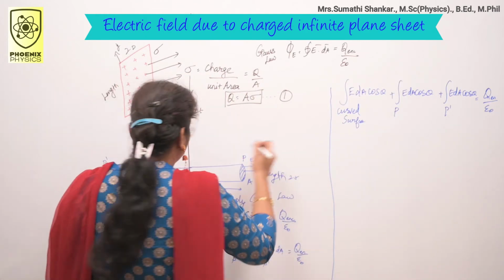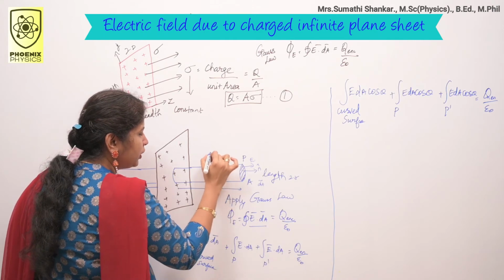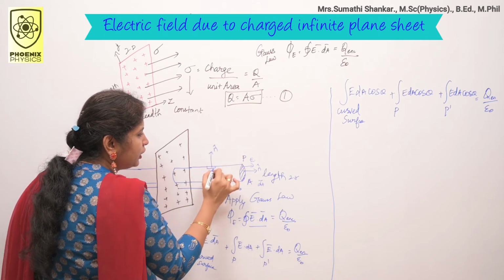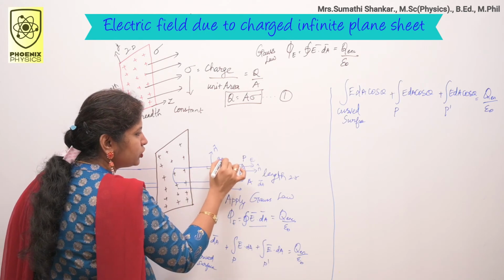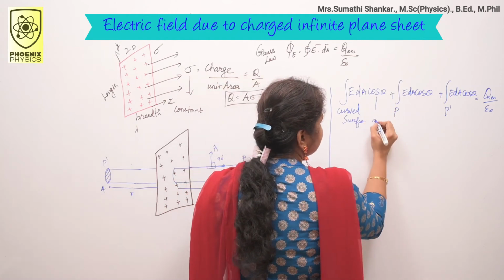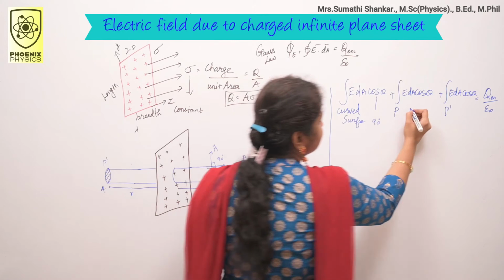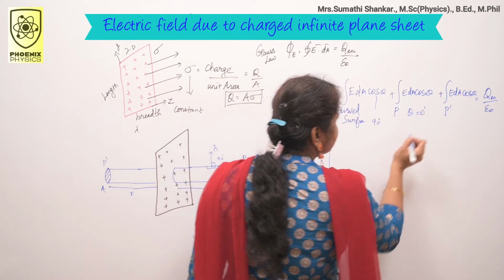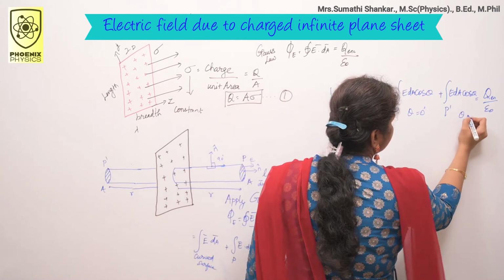At the curved surface you draw one normal, that is n cap. E acts in this direction. The angle between these two is 90 degrees. At the curved surface the angle is 90 degrees. At P the angle is 0 degrees. In the same way, at P dash the angle is 0 degrees.